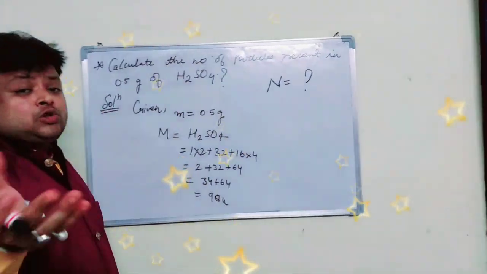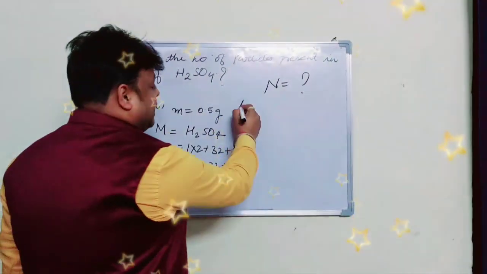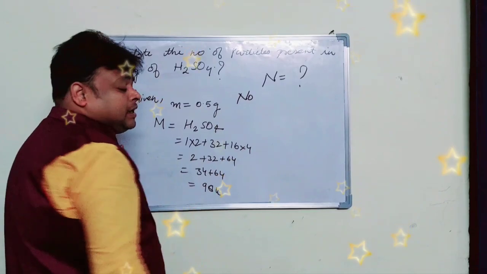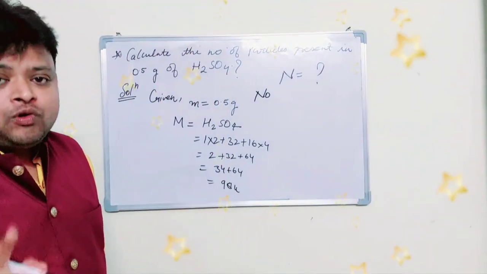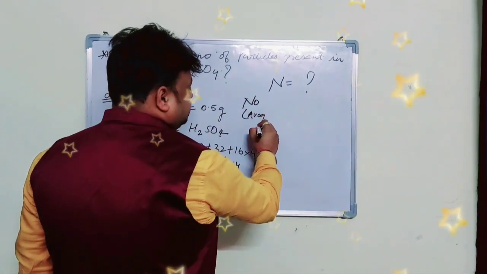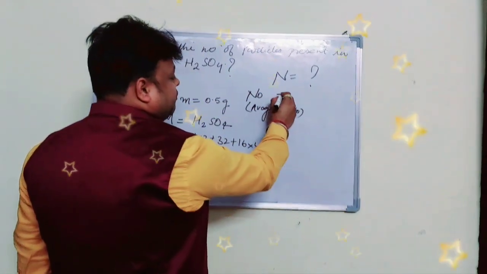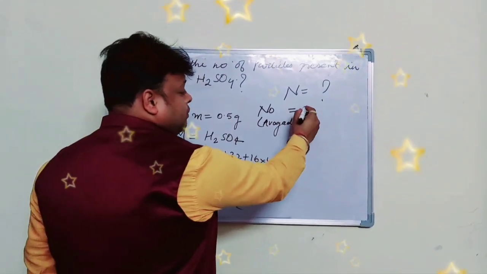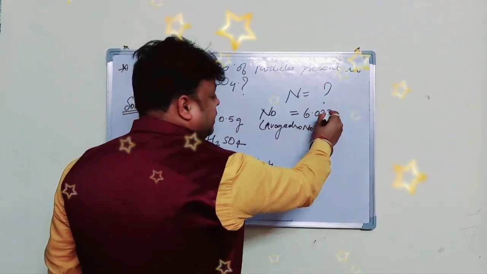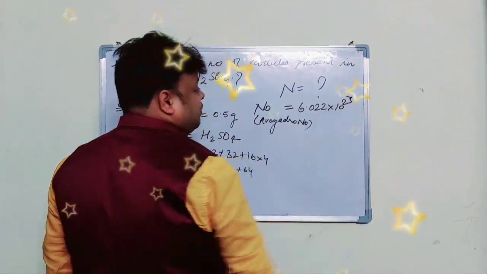Else, what we are provided with is N0. N0 को क्या कहते हैं? That is called the Avogadro number. So the Avogadro number N0 is always given, or you can learn it: 6.022 into 10 की power 23.